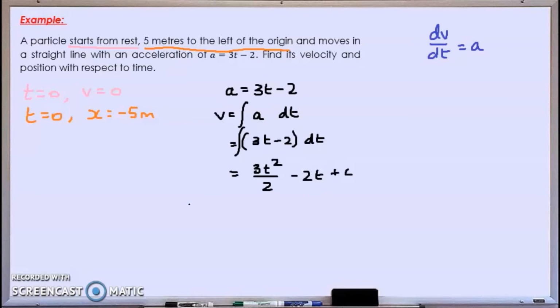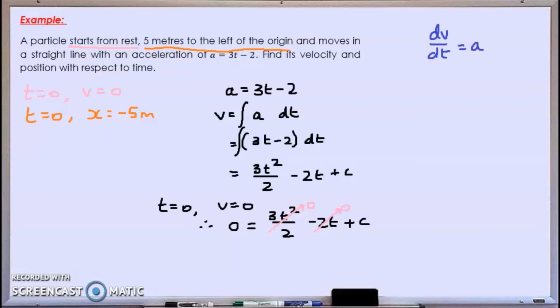So here we know when t equals 0, v equals 0. So therefore 0 equals 3t squared over 2 minus 2t plus c. But all of these t's equal 0. So this becomes 0 and this becomes 0.